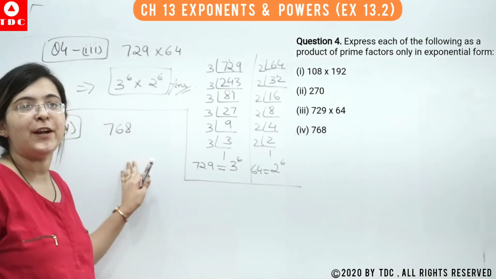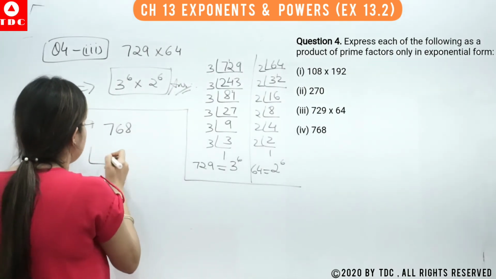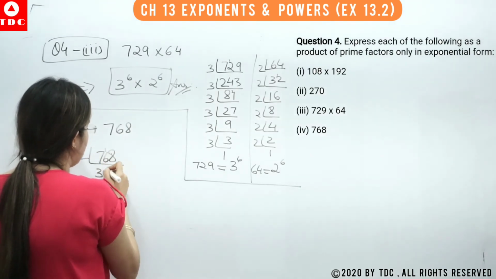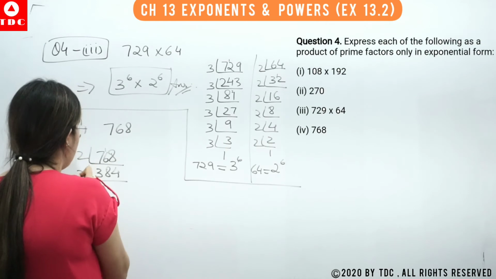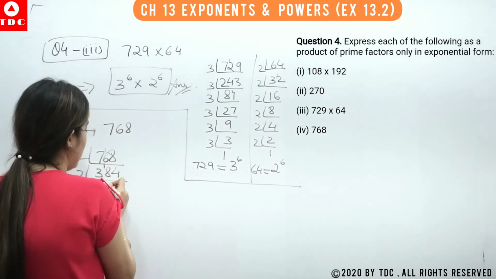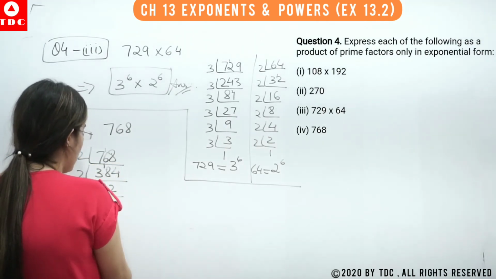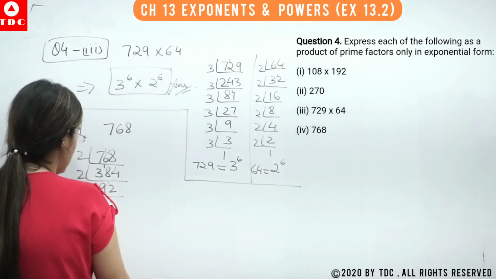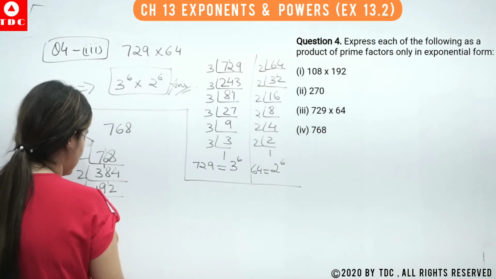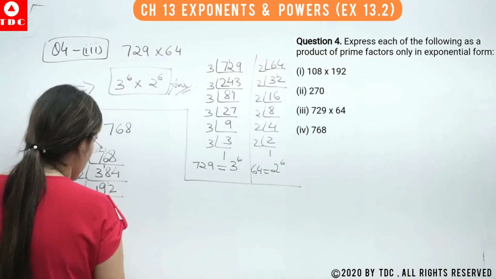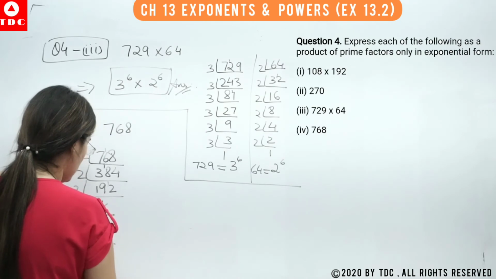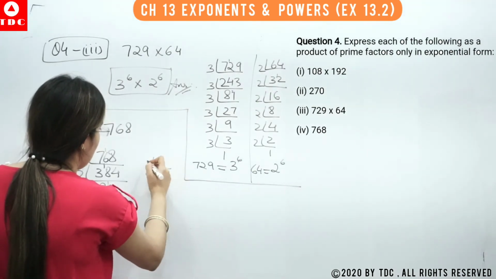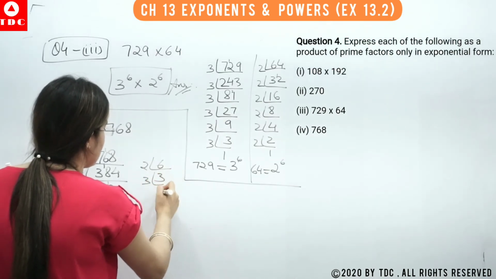Let's first prime factorize 768. 2 3s are 6, 2 8s are 16, 2 4s are 8, 2 1s are 2, 2 9s are 18, 2 2s are 4, 2 9s are 18, 2 6s are 12, 2 4s are 8, 2 8s are 16, 2 2s are 4, 2 4s are 8, 2 1s are 2, 2 2s are 4, 2 6s are 12. Okay, then 2 3s are 6, 3 1s are 3.